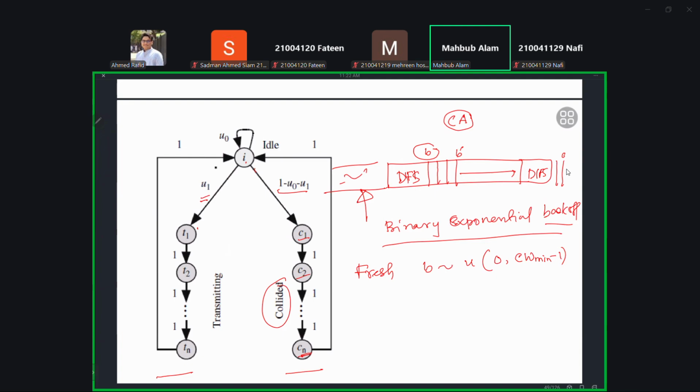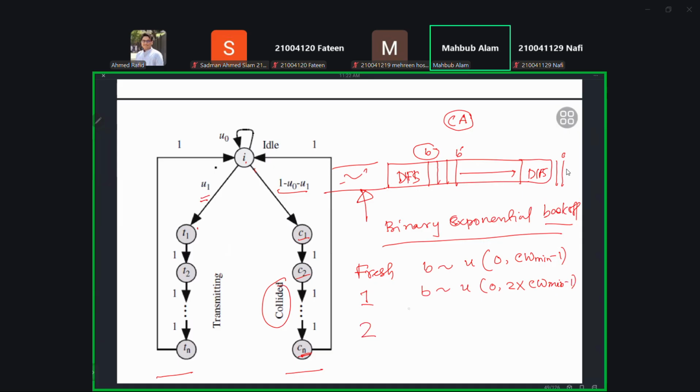If a frame experiences a collision, then it goes into the ith backoff state. In case of the first retransmission, the backoff value is chosen uniformly between 0 and 2 times CWmin minus 1.